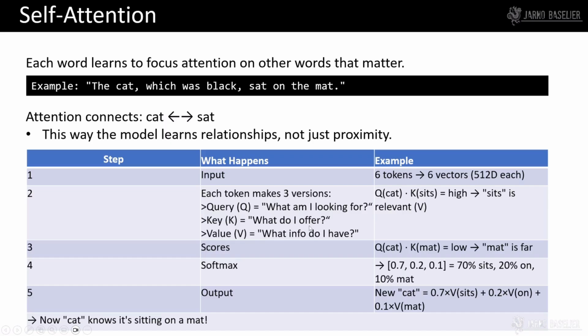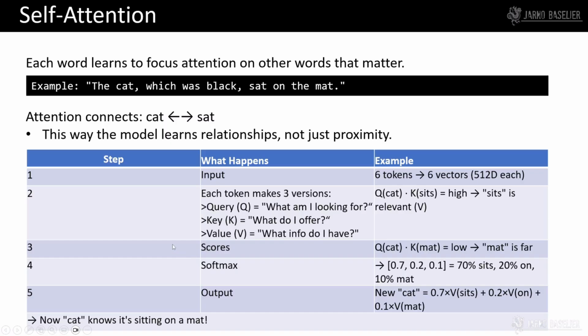The value is what information do I have as of this moment, that we know that the cat is sitting. So sits in this case is relevant. If this would be some other word like "and," then we have cat and those are not relevant, and that would be the conclusion or the value, not relevant.